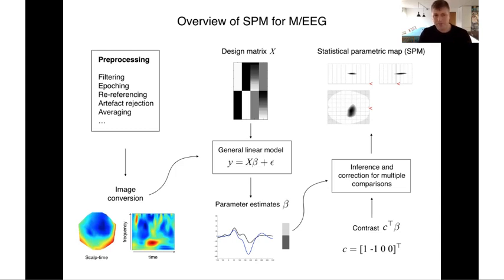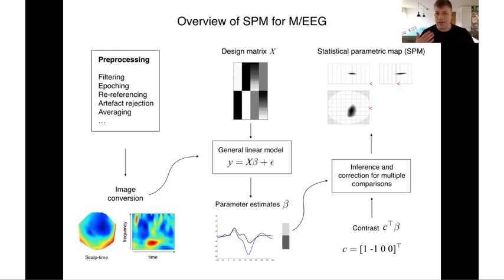And at this point, we're ready to either average the data in the case of ERPs, or transform the data into time frequency space, for example. So at this point, we can convert these different data features, be it ERPs or time frequency representations of power, into images for analysis in the GLM.